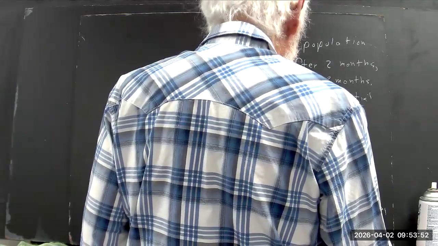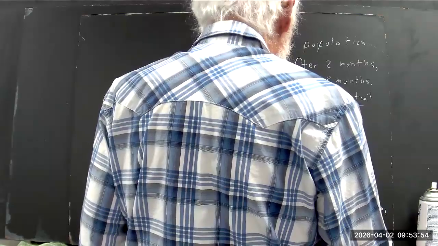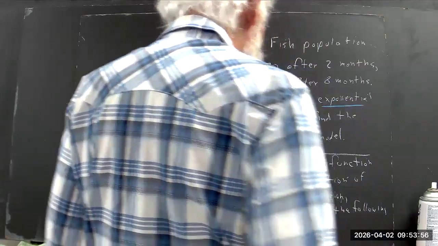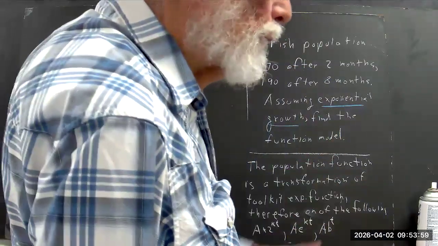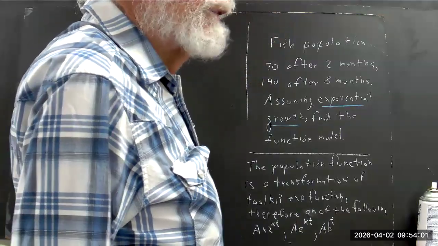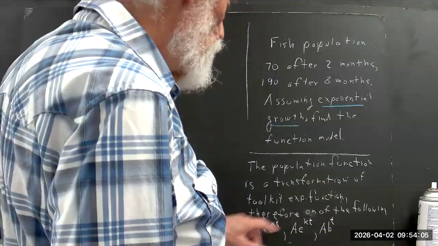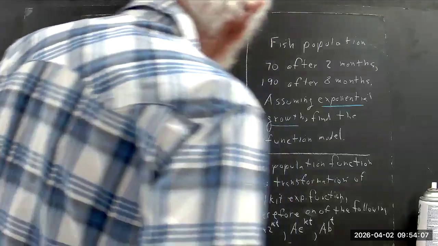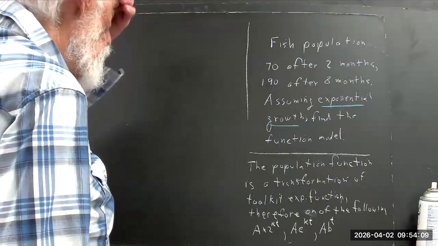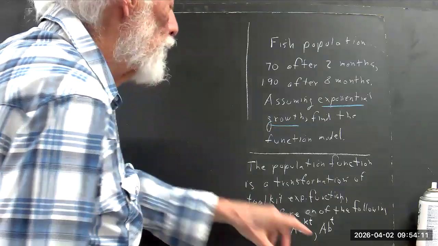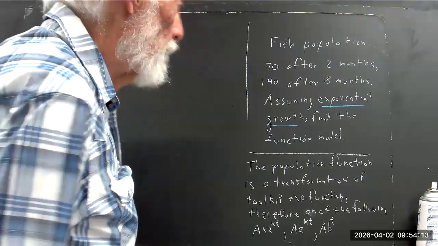And then the other possibility is just a times b to the t. Now, b to the t is not really a toolkit exponential function, but you should understand b to the t. So we're going to solve this in a couple of ways. So let's start with the a, b to the t form.